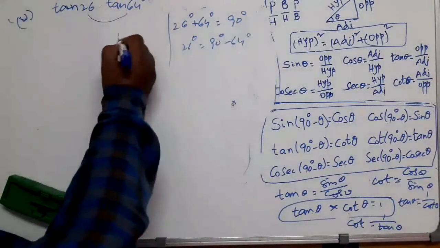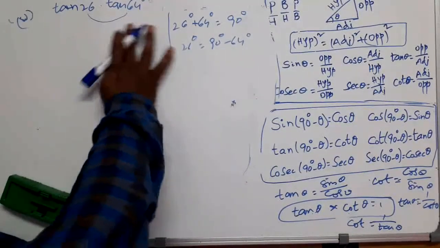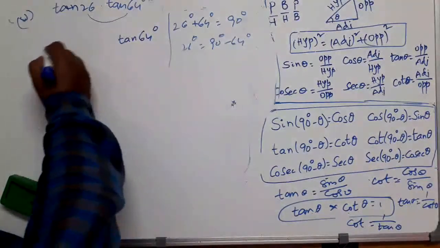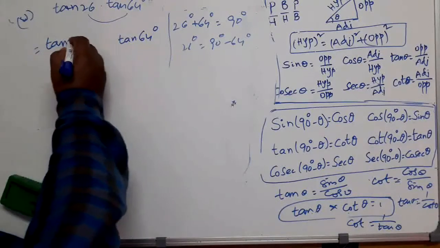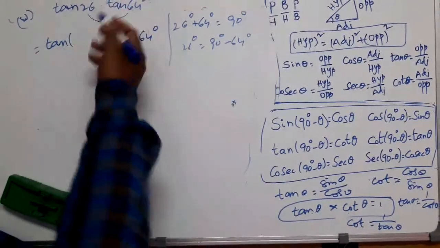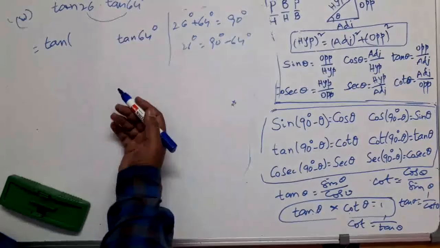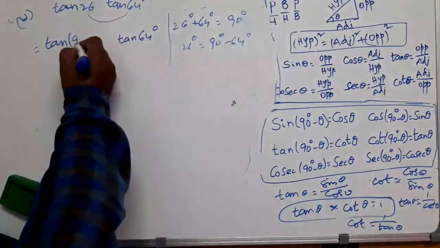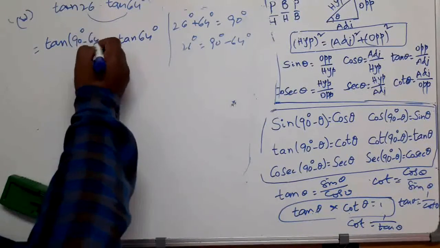Now I am leaving one of the terms as it is, as I have done in earlier questions also. I am leaving the second term as it is. I am converting this angle to another form. In many forms I can write 26 degrees, but I will use this one. So I am writing 90 degrees minus 64 degrees.